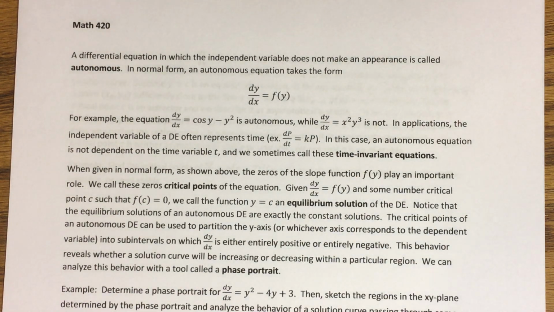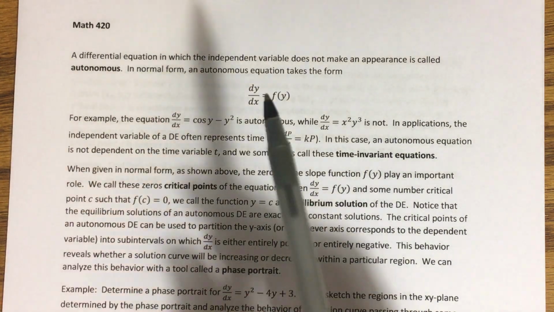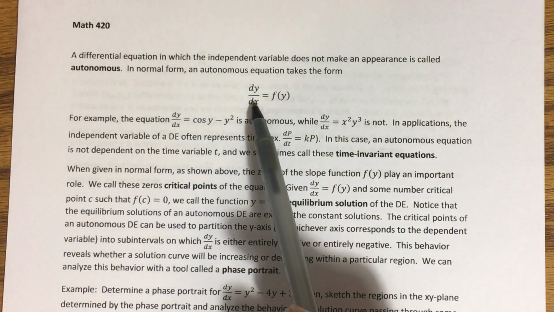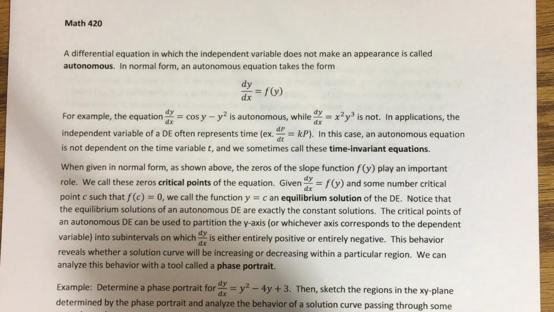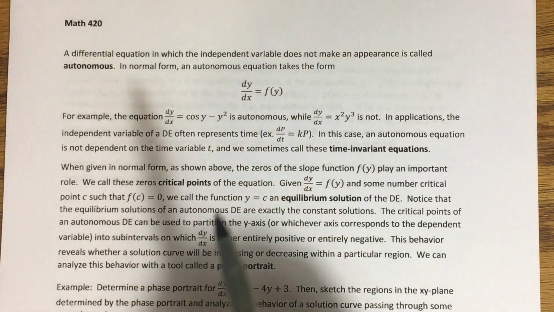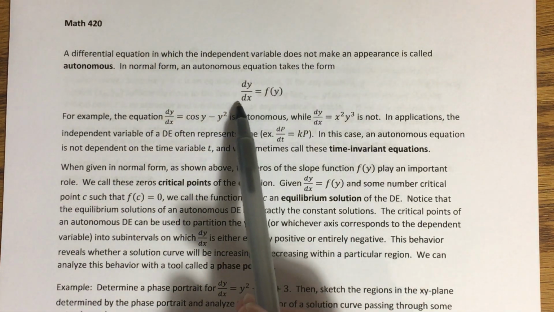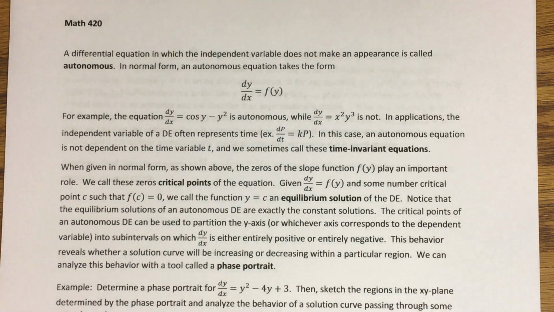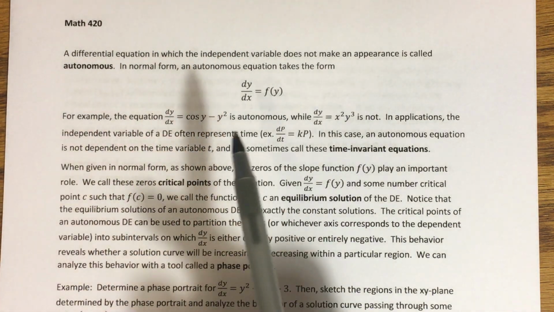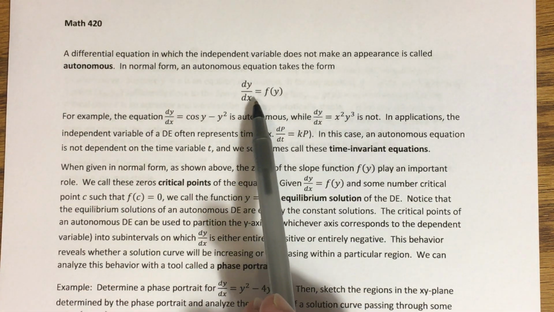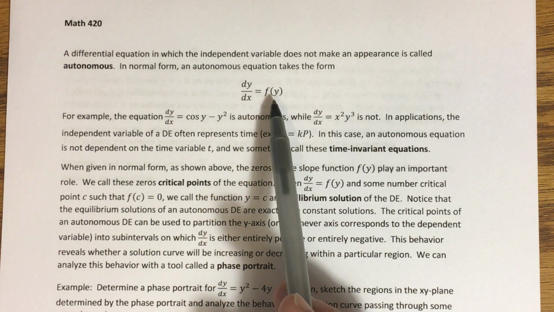So as was the case at the beginning of this section, we are focusing on first order equations, and we do like to represent them in normal form, like we did here. Now, an autonomous equation we're going to typically represent in normal form, or at least put them in normal form if they don't start out that way. But an autonomous equation is a differential equation that does not have any dependence on the independent variable of our solution.